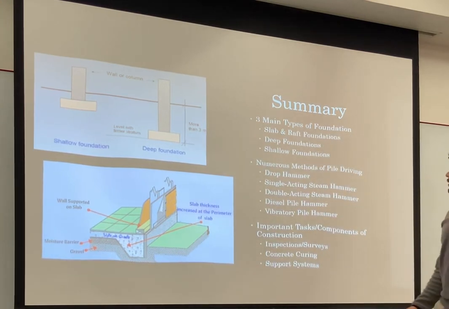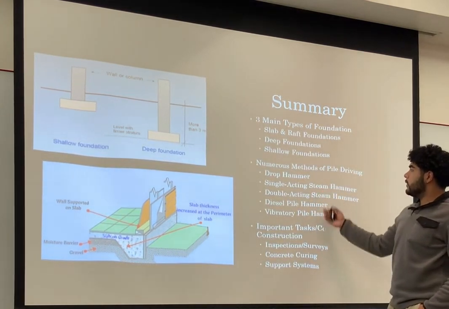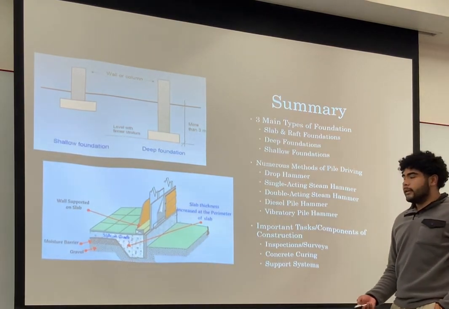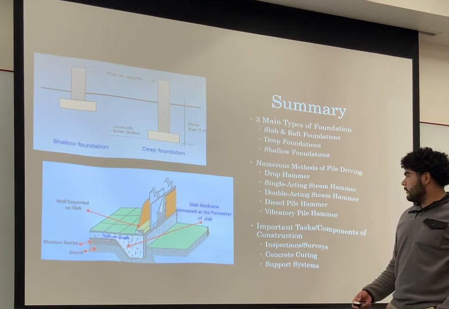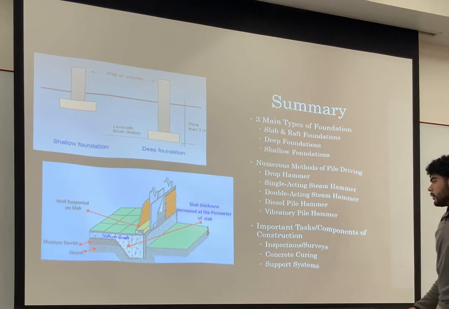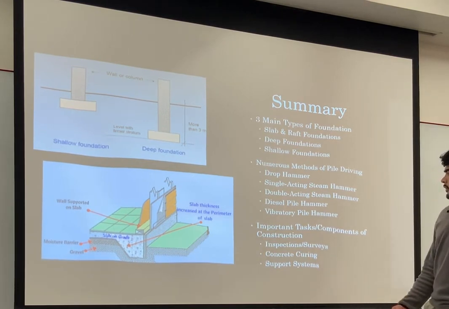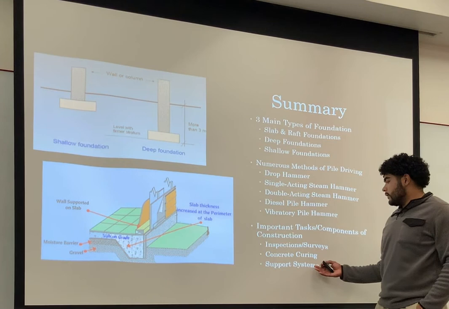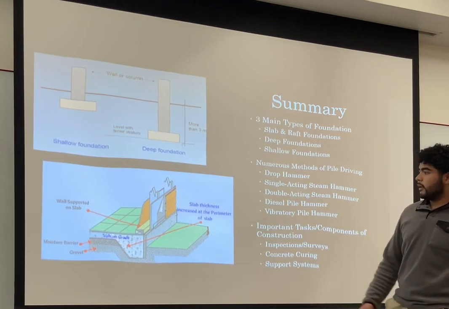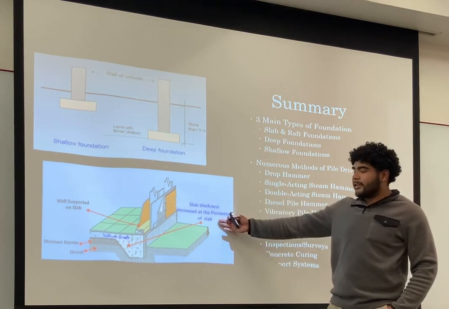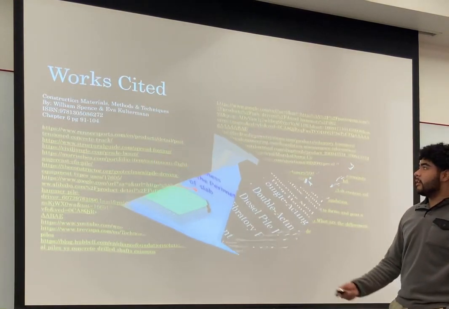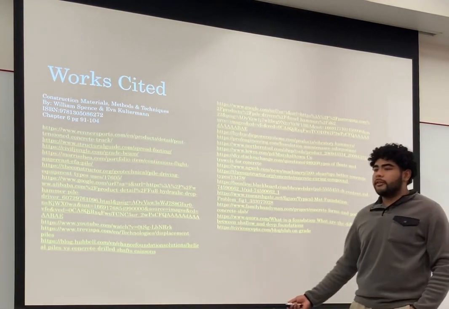Next, numerous methods of pile driving: drop hammer, single acting steam hammer, double acting steam hammer, diesel pile hammer, vibratory pile hammer, and important tasks and components of construction: inspections, surveys, concrete curing, support systems. And we have an example picture of a foundation. And here's our works cited where you can find all the information that we used.